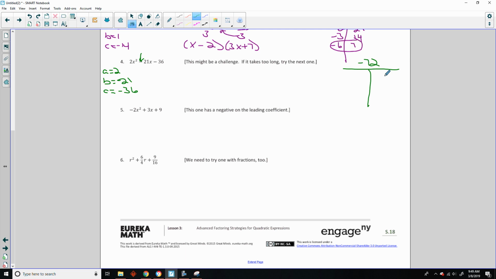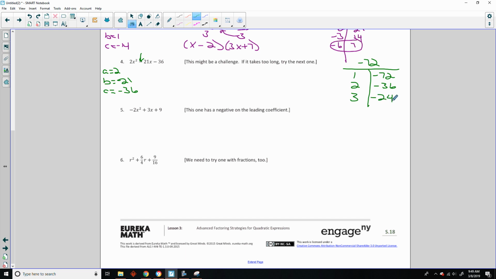So it's 1 times negative 72. That's a sum of negative 71. I'm looking for a sum of negative 21. Keep going. 2 times negative 36 would give me a sum of negative 34, and that's not 21. 3 times negative 24.